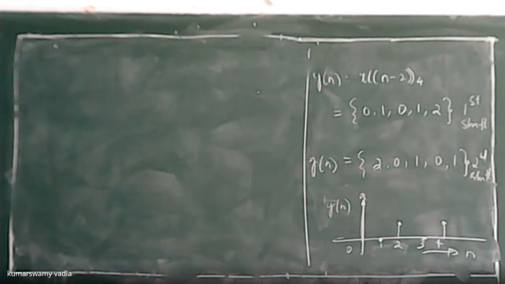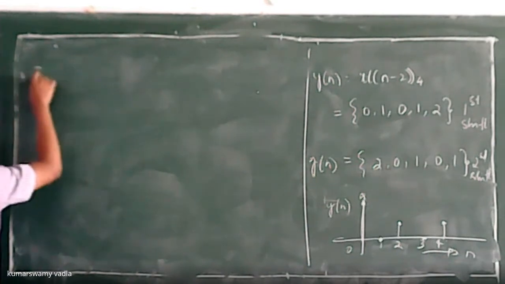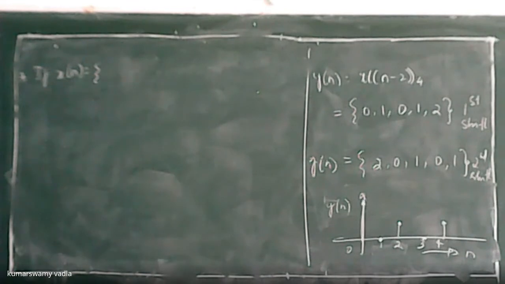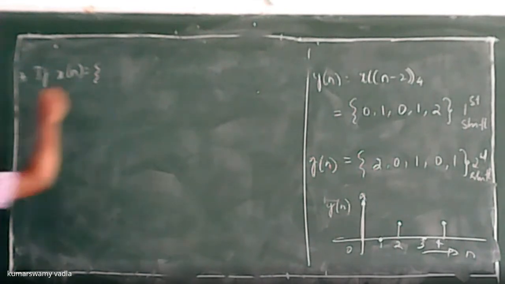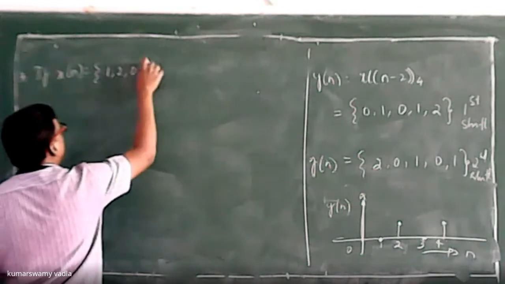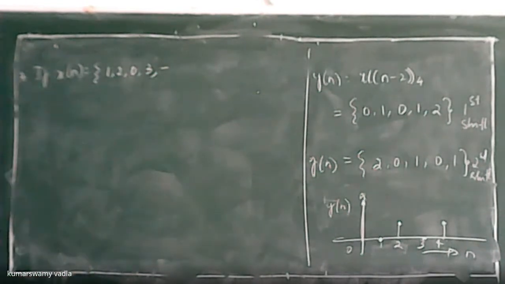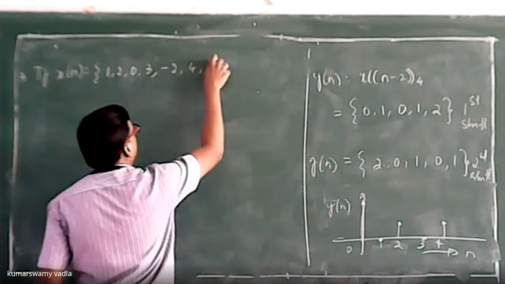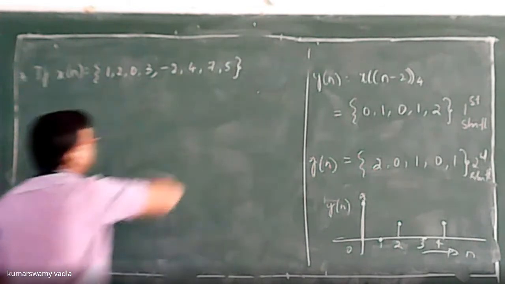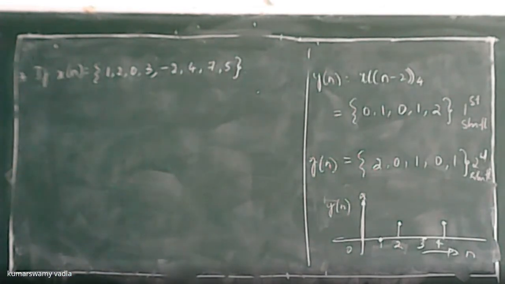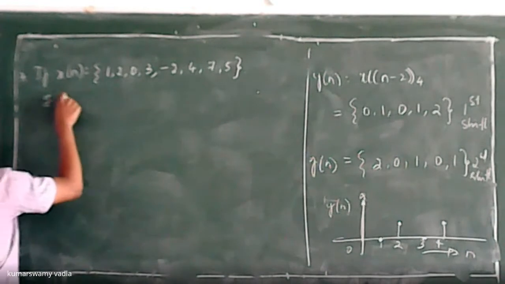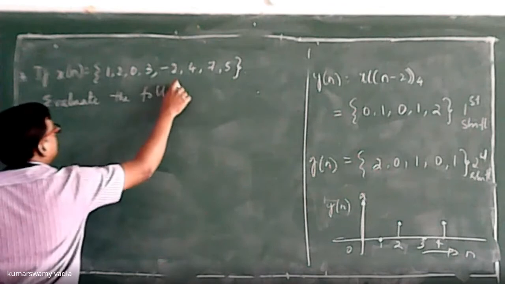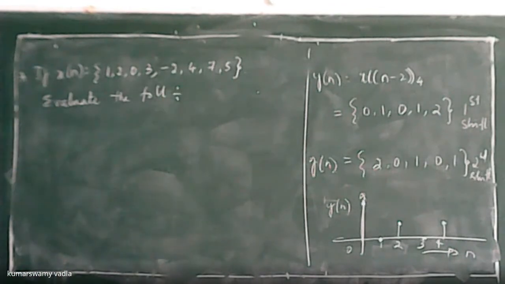If x of n is 1, 2, 0, 3, minus 2, 4, 7, 5, evaluate the following. This was asked in a previous year question paper, friends.